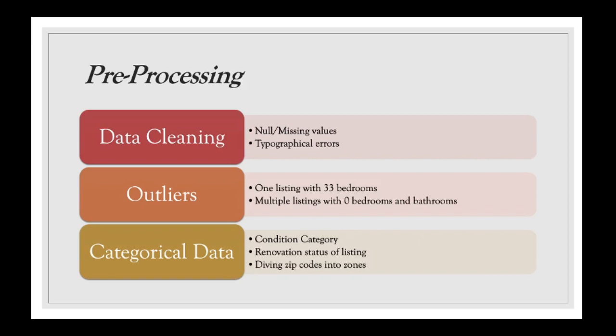Now, as I mentioned earlier, we did not have much categorical data in our data set, so we proceeded to make our own columns for categories. For example, we took the condition of the house, which was given as numbers 1 through 5. Now we assign categories to them, 1 being very poor and 5 being very good, 3 being the average. And renovation status of the house.